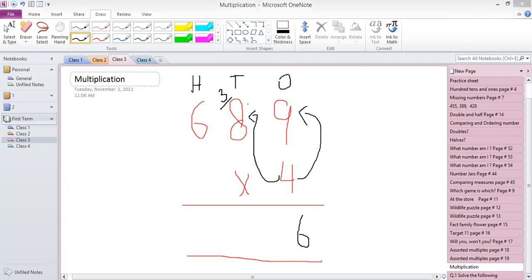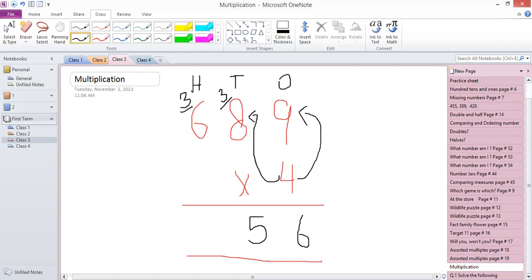When you add this 3 to 32, 32 plus 3 equals 35. From 35, which number are you going to write on the tens place? 5. Very good. In 35, there are 2 digits, 5 and 3. 5 you will write here and 3 will go up.